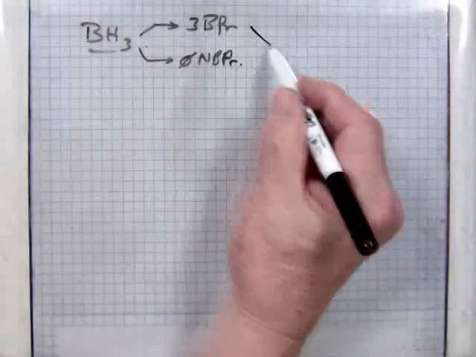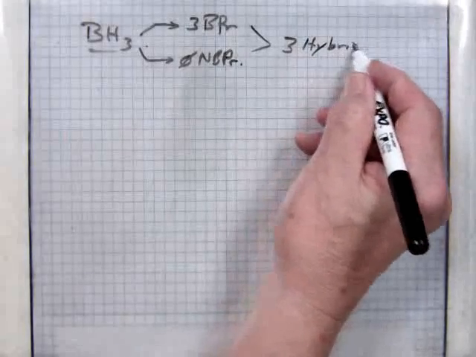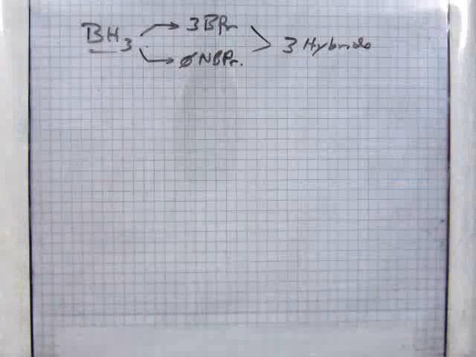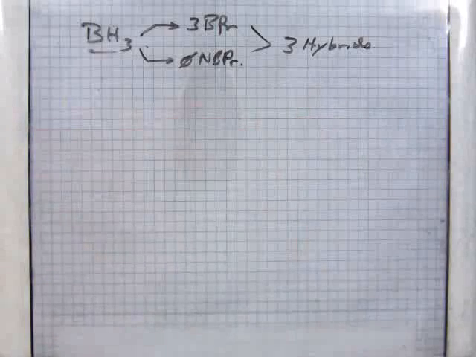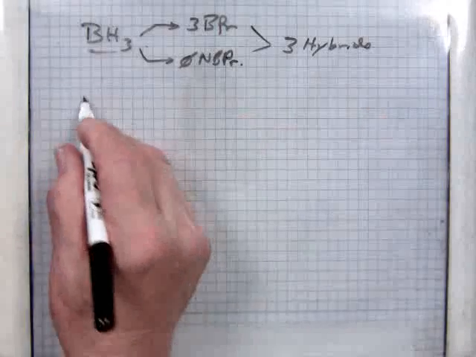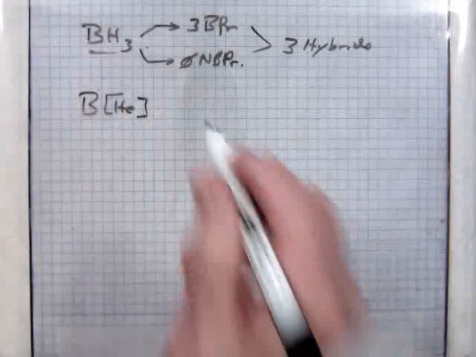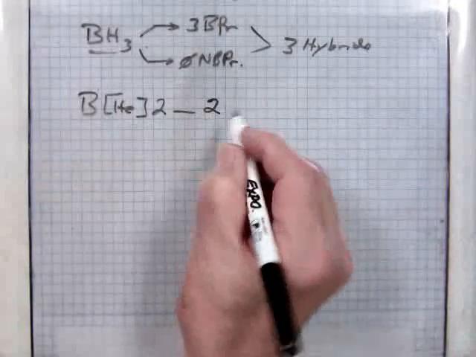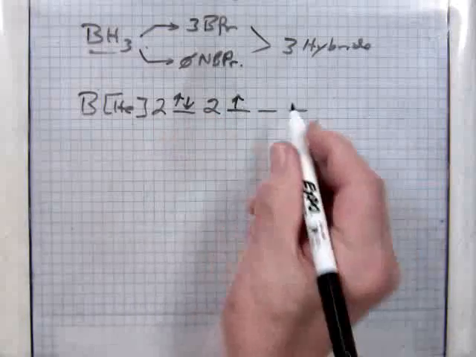When you add these two together, you get 3 hybrids, as well as the number of electron pairs in the parent. So we take boron, has a helium core, and it has a 2s and 2p configuration like this.